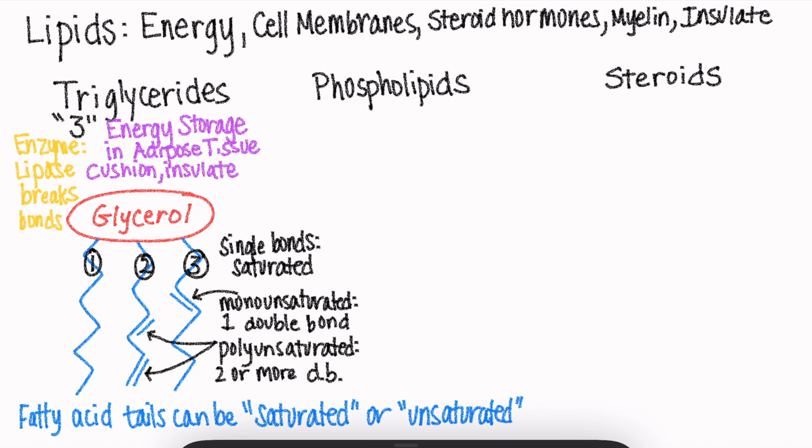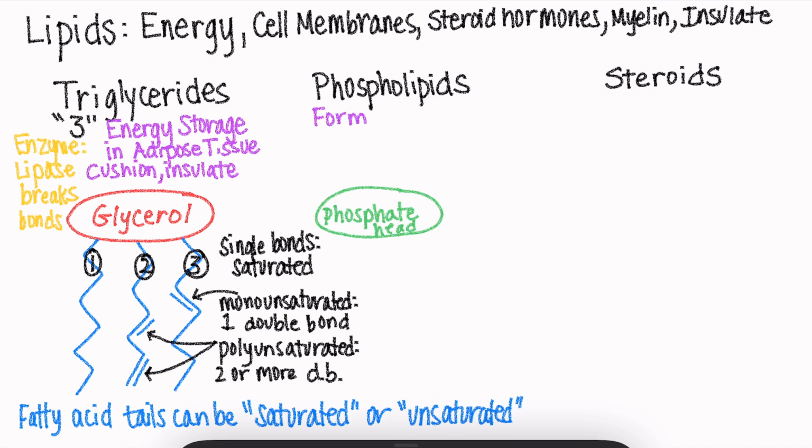Next are the phospholipids. So instead of a glycerol head, phospholipids have a phosphate head. And this makes this end of them actually pretty hydrophilic. And that's important in the structure that they make up, which are your cell membranes.